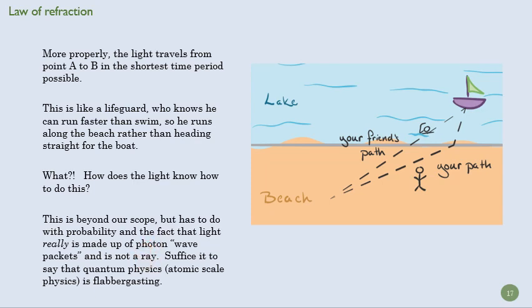It is really flabbergasting. It's one of the amazing things about wave-particle duality. But what we can say is that we know light is going to take that shortest path, and that's why light refracts. It's not being grabbed by the slower medium.